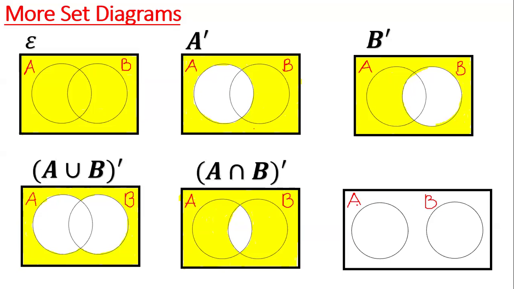So this is A and this is B. How are we going to label it? What are we going to call it? Singleton? Not really, no. Individual sets? Close. A subset? Not a subset.